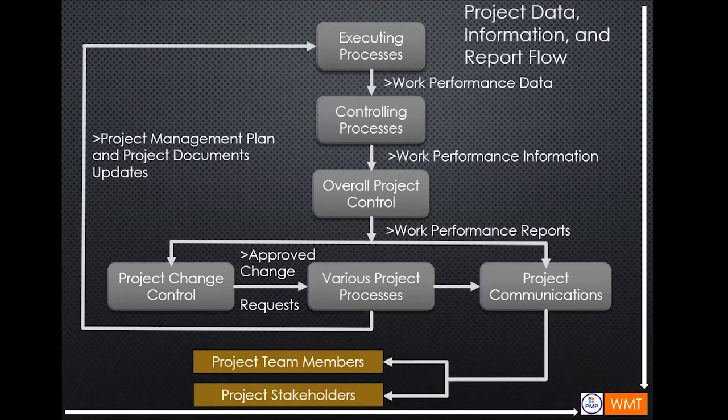Work performance data is the raw observations and measurements identified during the activities performed to carry out the project work. Work performance information is the performance data collected from the various controlling processes, analyzed in context and integrated based on the relationships across areas.